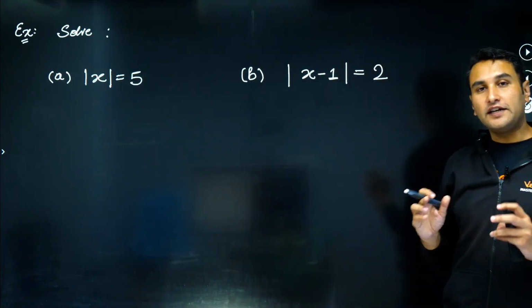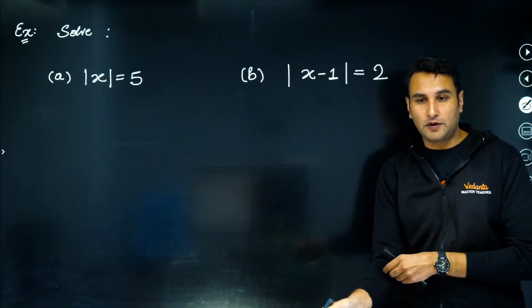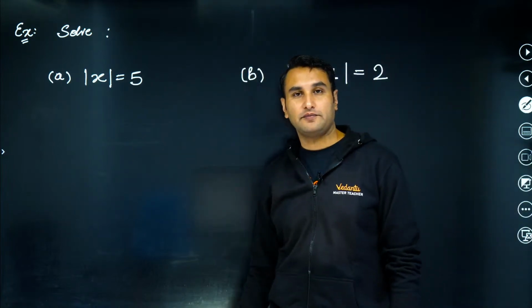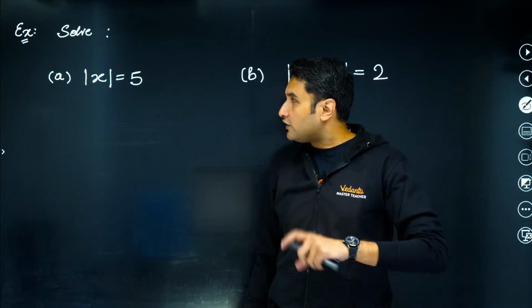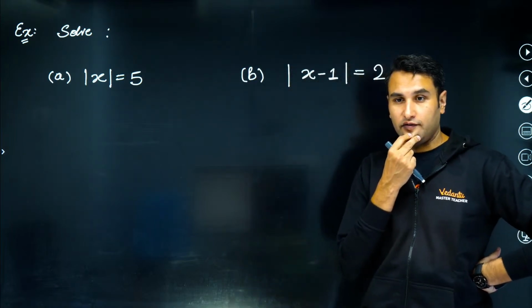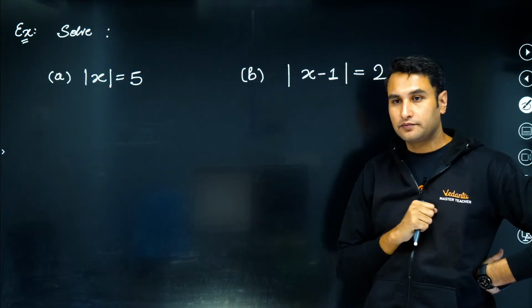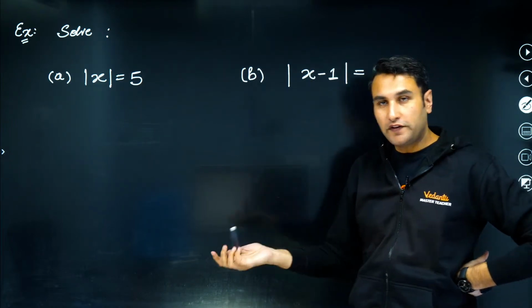So what it leads to is my first variety of problems. Now what is that first variety of problems? Say mod x is equal to 5. If mod x is equal to 5, then what do we do? That's what we learned, right?